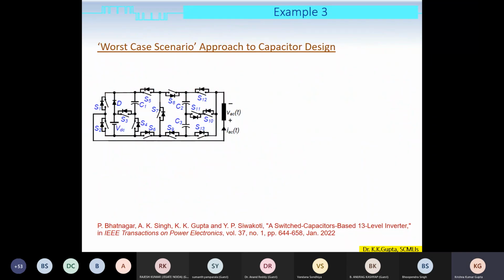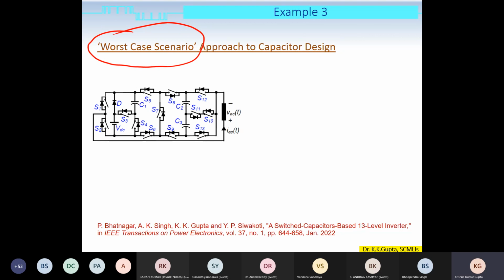Now this analysis is important because, as I told you, we are also discussing the design of the capacitors. What value of the capacitor should be taken so that the inverter works satisfactorily. So the approach that we take for designing the capacitors is called the worst case scenario approach.